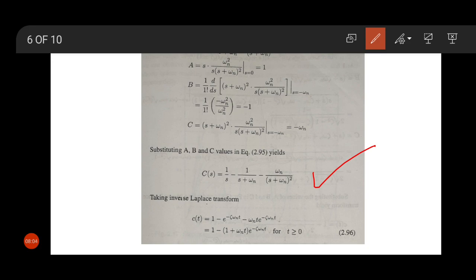Now again here we are doing the inverse Laplace transform for getting the time response of the output.